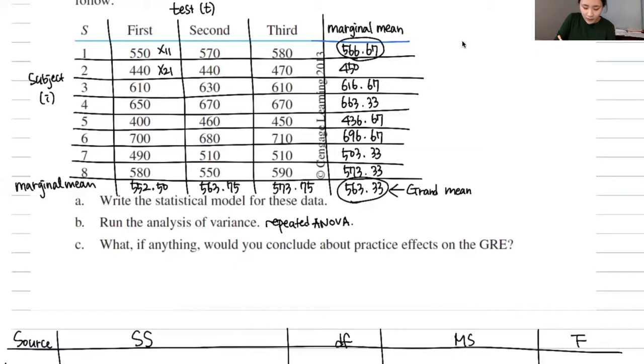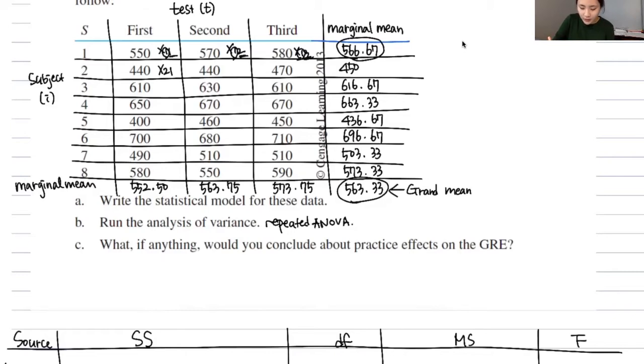This is the first row, second column, X12. 580 is X13, first row, third column. So in X1, the 1 does not change. However, the column number 1, 2, 3 changes.